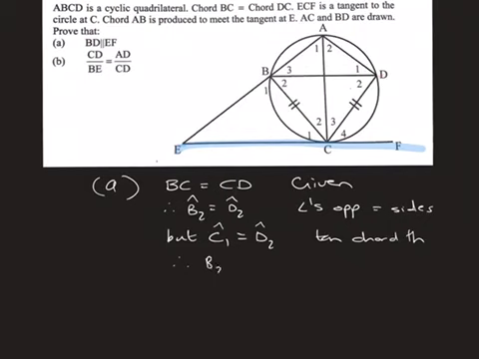Therefore, B2 equals C1. And so, therefore, we have BD parallel to EF because we have the alt angles equal. Now here we don't put the parallel lines after because we've put the parallel lines as the statement. It's not part of the reason, only when it's part of the reason.